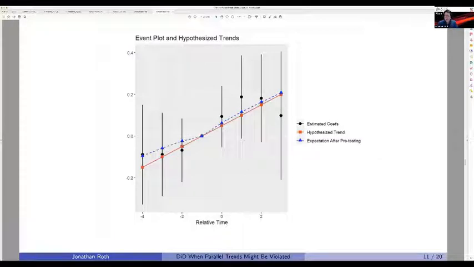So this doesn't necessarily tell us that parallel trends is violated, but if we're not confident in parallel trends ex ante, it tells us that the data is consistent with there having been a difference in trends that looks like this red line, that would kill any effect.